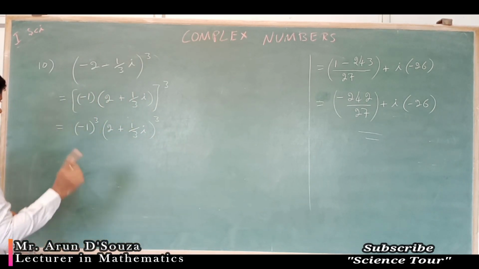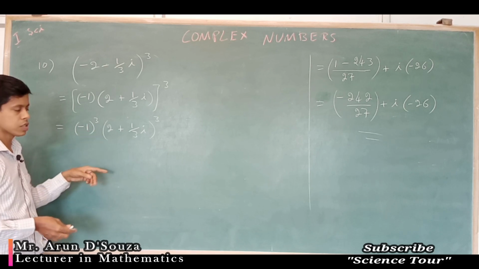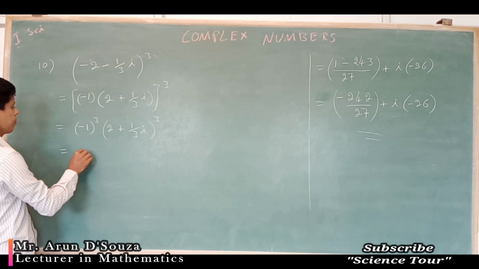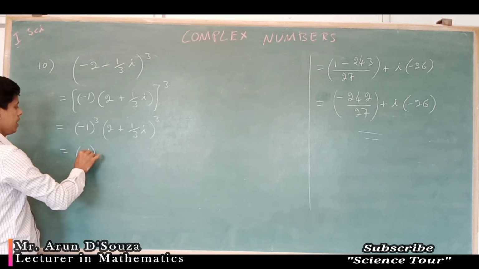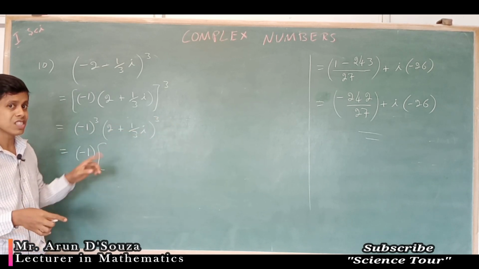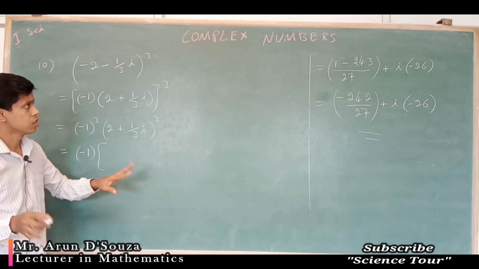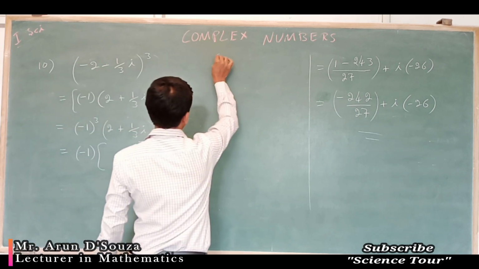Now what you can do is minus 1 whole cube, minus 1 into minus 1 into minus 1, which is minus 1. And here the a plus b whole cube formula you can use. So just refer to the previous answer. There we have written the formula. If you need, I'll write the formula again.